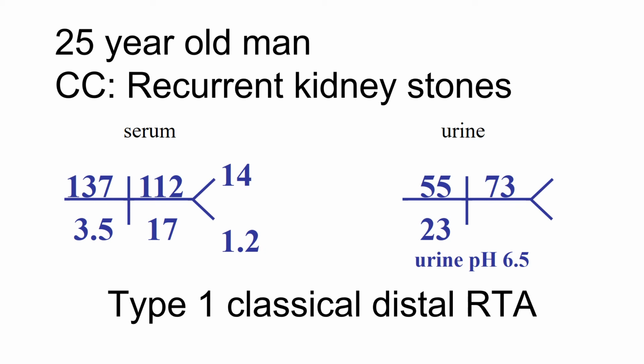So the urine anion gap is positive in the face of a persistent non-anion gap hyperchloremic metabolic acidosis. Urine pH is high, and I would suggest that this would be a classic type 1 distal RTA.